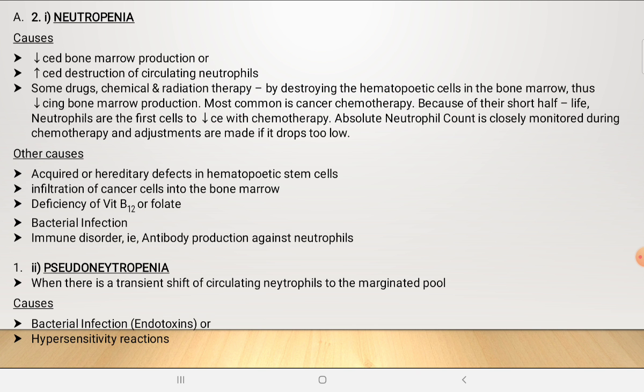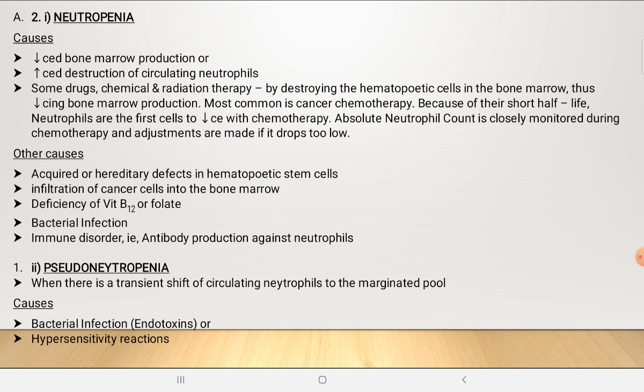Other causes of neutropenia are acquired or hereditary defects in the hemopoietic stem cells itself, infiltration of cancer cells in the bone marrow, deficiency of vitamin B12 or folate, bacterial infections, and immune disorders, that is, antibody production against neutrophils. These are all the different causes for neutropenia.